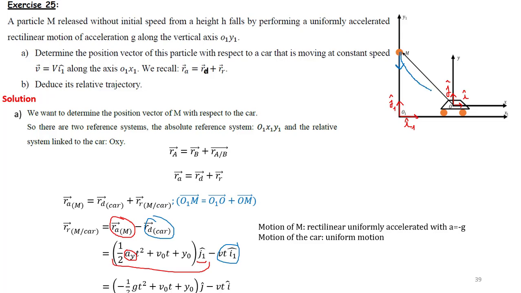And this is the main difference between the relative motion and the absolute motion, because O1 is at rest and sees the absolute motion, whereas O will see something different. O will see that M is making a free fall plus a motion along x. O will see the trajectory of M as a parabola.